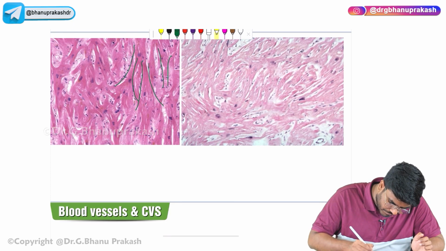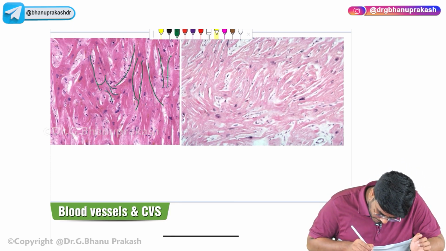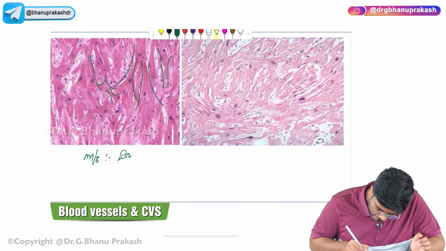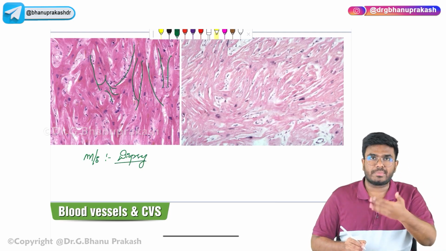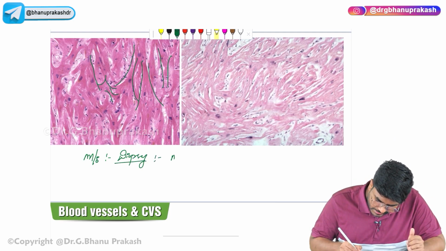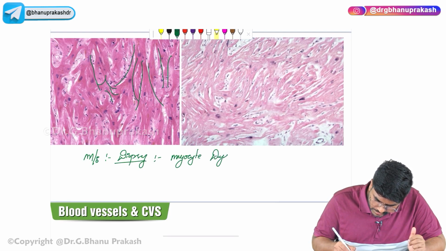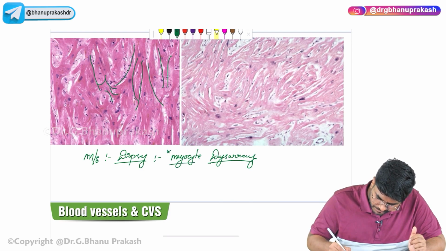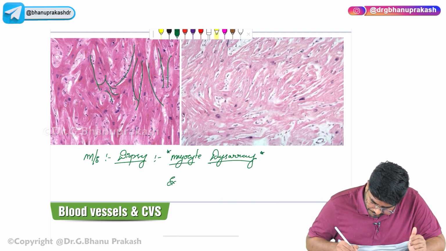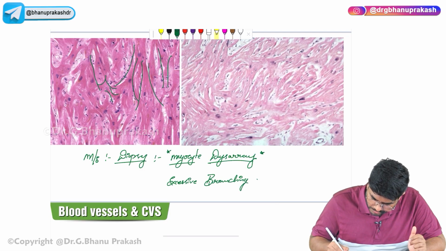On biopsy, upon microscopic examination, there is myocyte disarray. Myocyte disarray means excessive branching of myocytes.